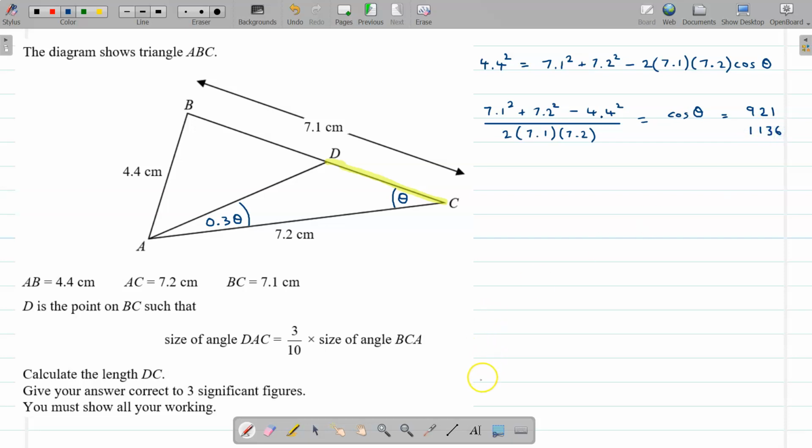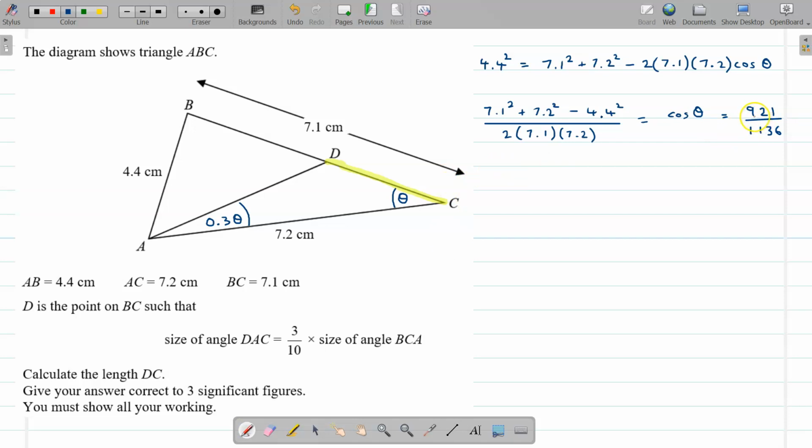So what I'm going to do here is work out the value of theta, but use it to at least 4 significant figures, because the final answer is going to be in 3. So always work to more accuracy than you need.